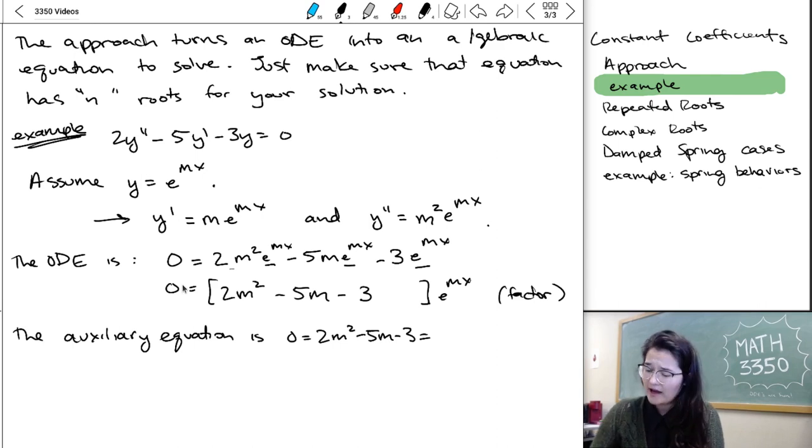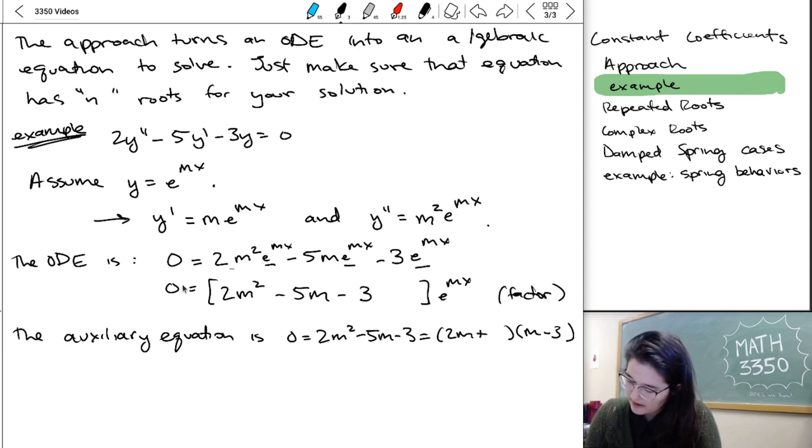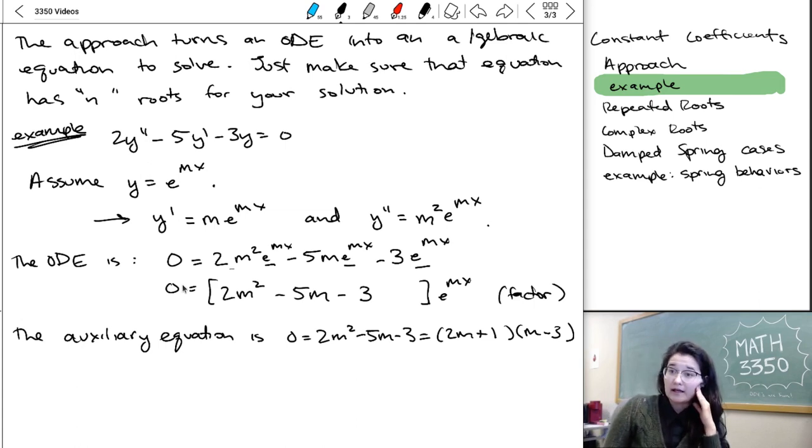And if I factor that, I know that I need a 2m there. I know you all do that special box factoring. I was taught to guess and check. Yep, it's minus 3 and plus 1 because I need lots of minuses to make my minus 5.